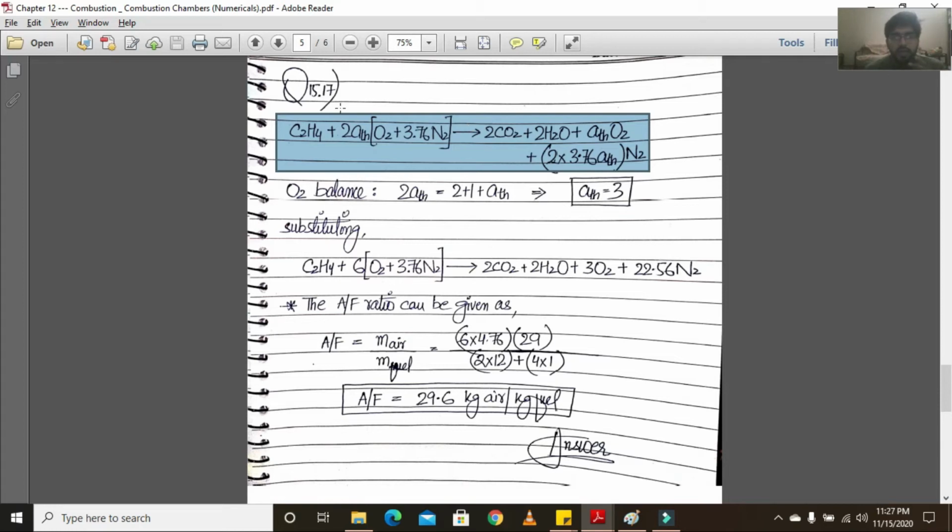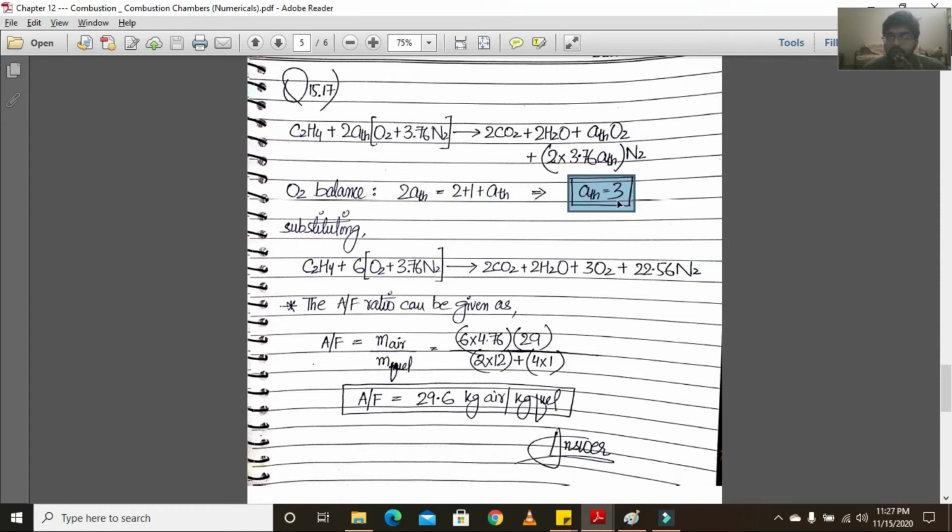So here you can see I have 2 times ATH moles of oxygen on the left side. On the right side I have 2 molecules of oxygen atom, and 1 molecule of oxygen, so I have written down 1. And here I have ATH moles of oxygen, so I have written down ATH on the right side. Solving this equation to obtain the value of ATH, it comes out to be 3.